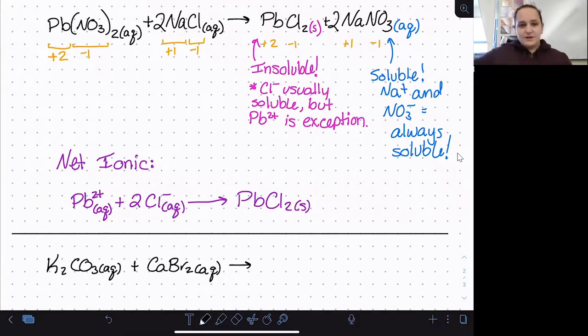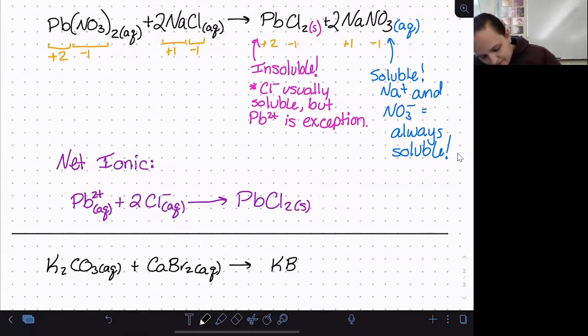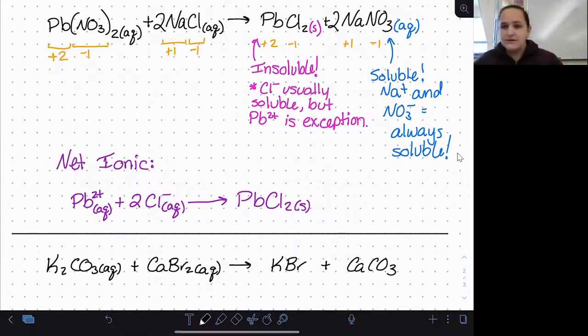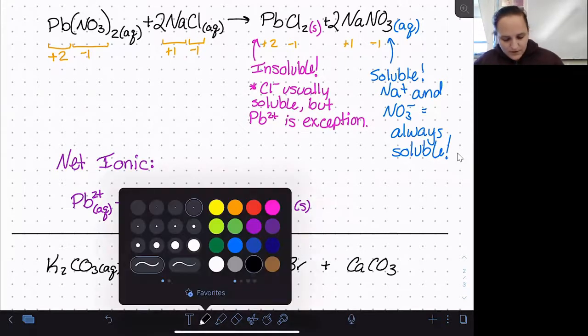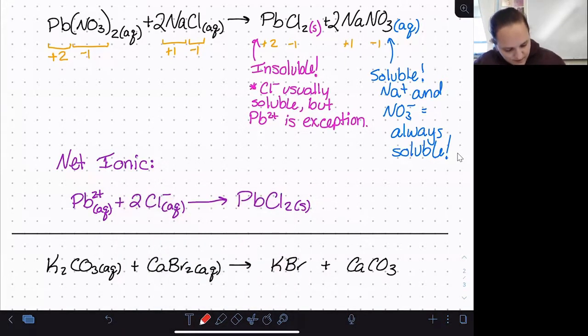So to finish this up, first thing we're going to want to do is have our ions trade partners. So we will get KBr and CaCO3 as our two products. If we go through all of our charges, potassium is +1, carbonate is -2, calcium is +2, bromide is -1.